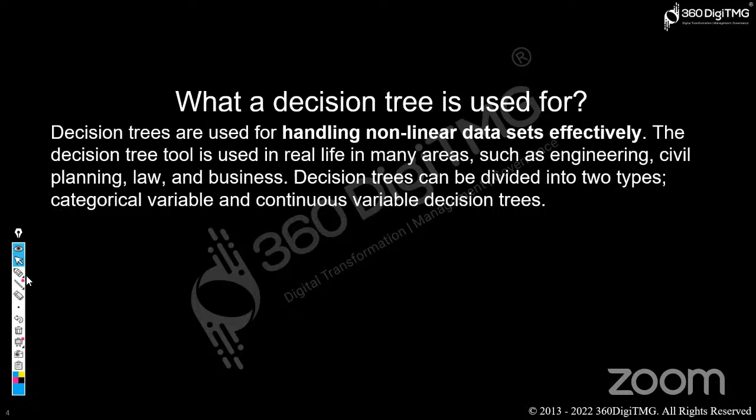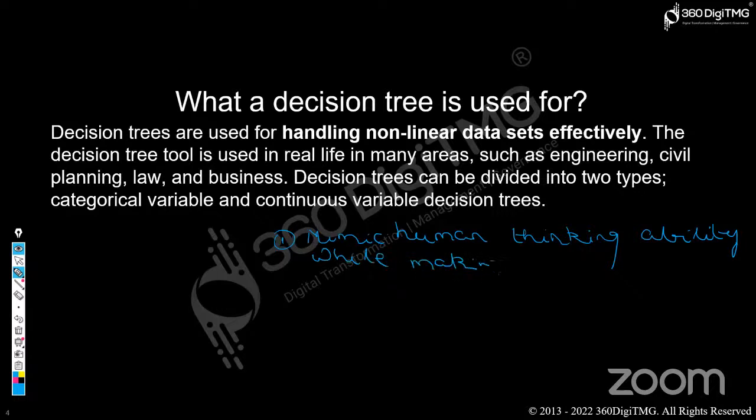If someone asked me to give the two reasons why we choose a decision tree, I would say the first reason is that decision trees usually mimic human thinking ability while making decisions.